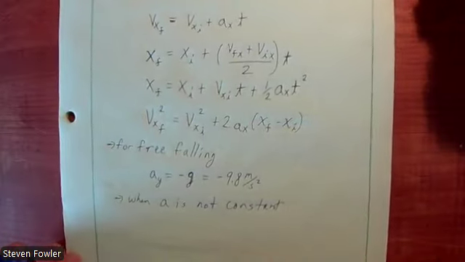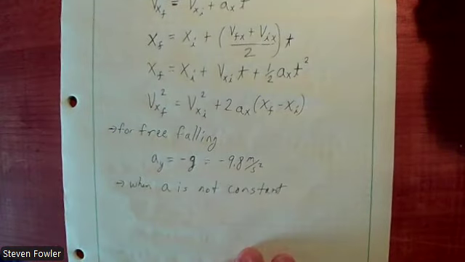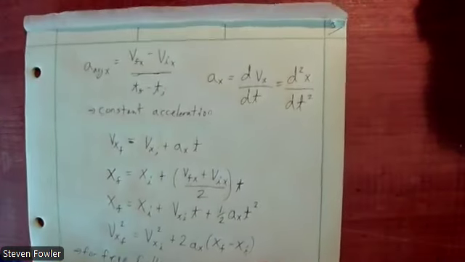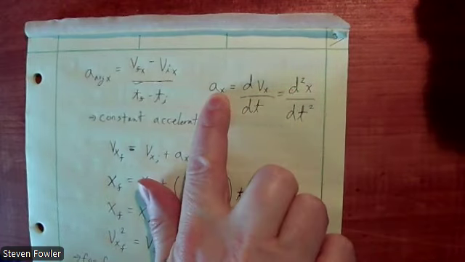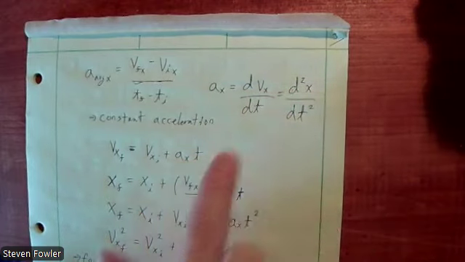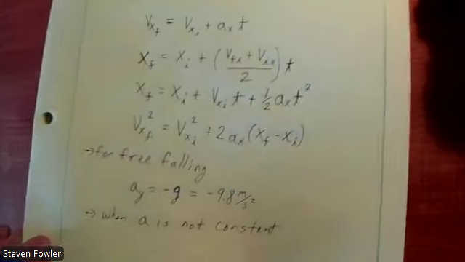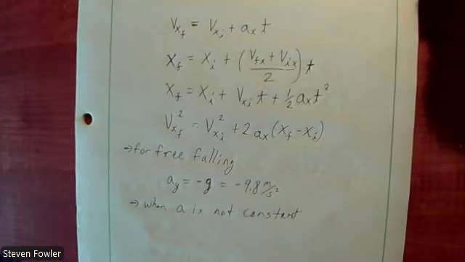When a is not constant, well, the expressions we had up here earlier, where I take the derivative of v to get ax, and I take the derivative of x to get v, it just depends on what I'm given, right? If I'm given x as a function of time, I can take derivatives of it to get to velocity and acceleration.